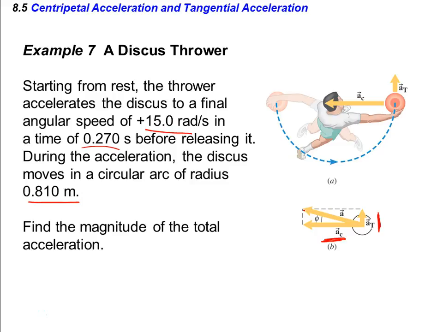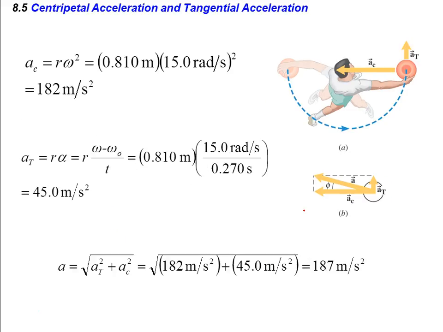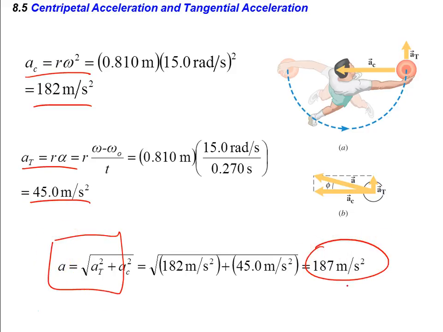By definition, in our geometry, we know those are perpendicular. So we can find the centripetal acceleration using r omega squared to be 182 meters per second squared. Find the tangential acceleration from r alpha, and that gives us 45 meters per second squared. Pythag the result, and we're left with 87 meters per second squared.